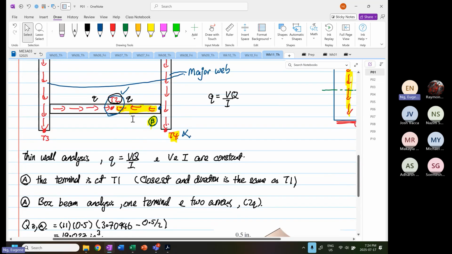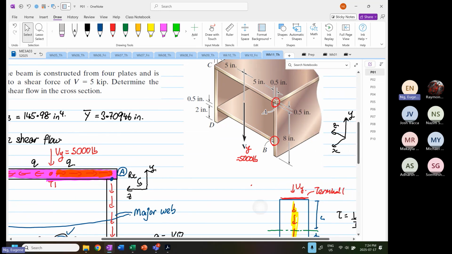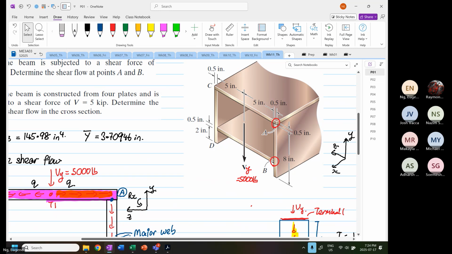Then the next part of the question states to determine the maximum shear flow in the cross section. Okay, so by looking at observation, the thickness of the beam is constant. Everyone is 0.5, at every section.